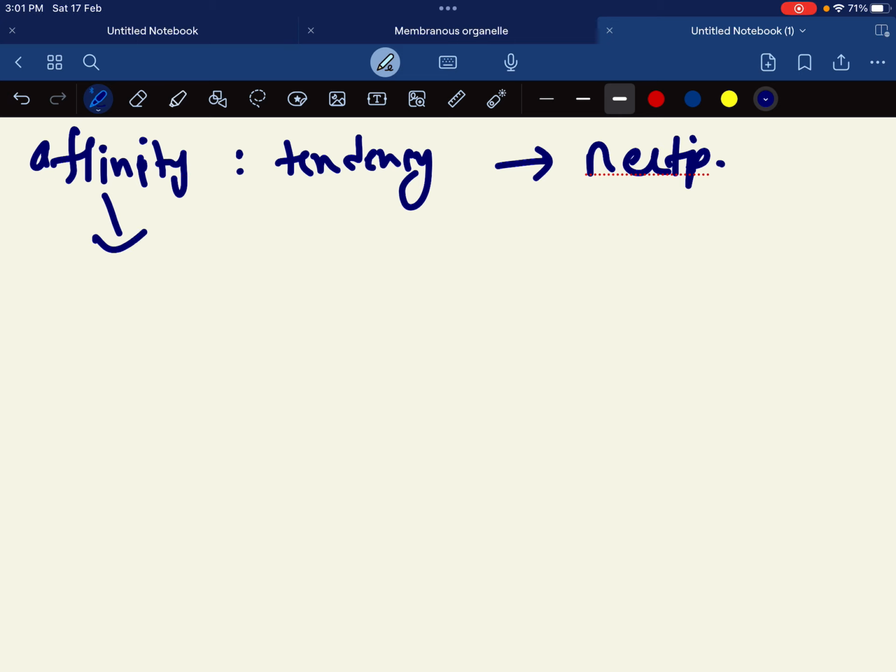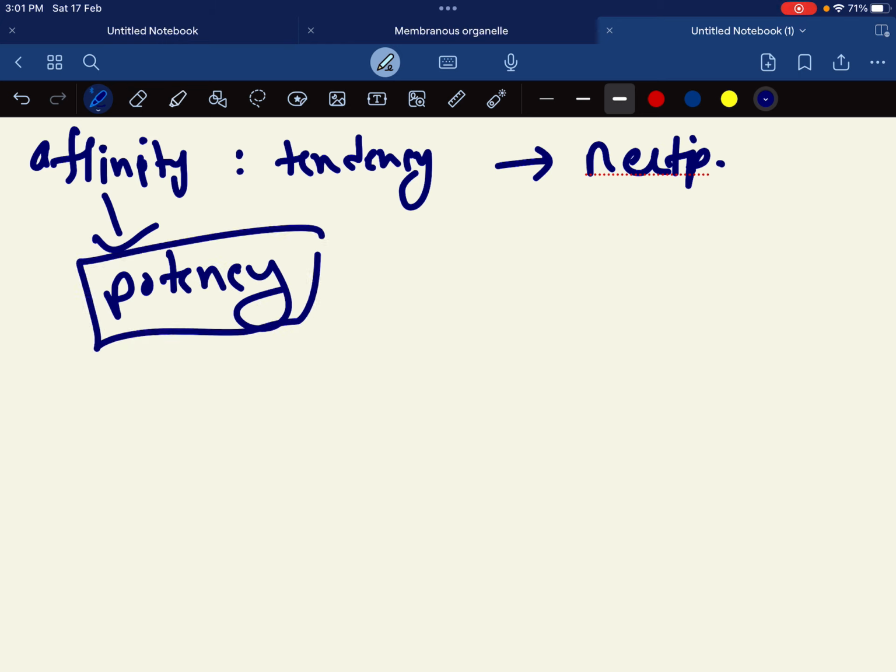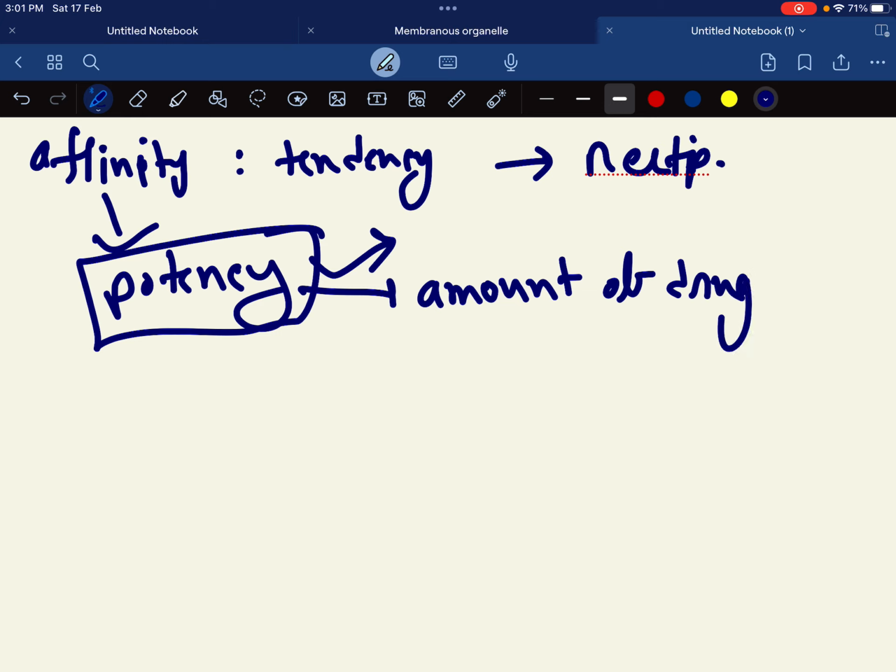Affinity is measured in terms of potency. So what is potency? Potency is measured according to the amount of drug which is necessary to get a desired effect.